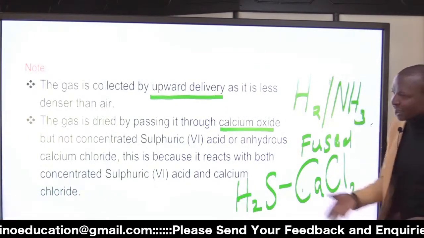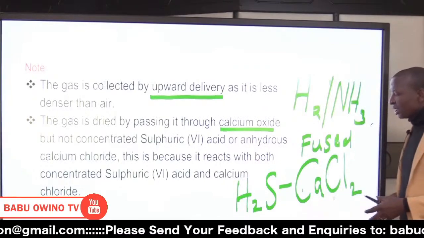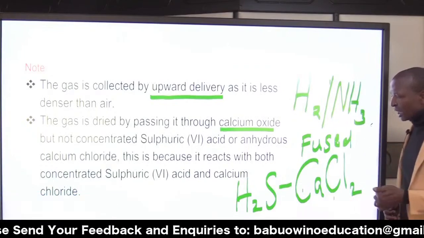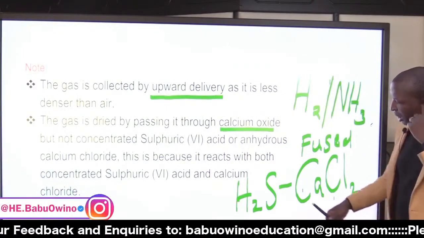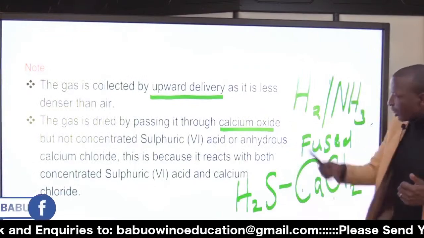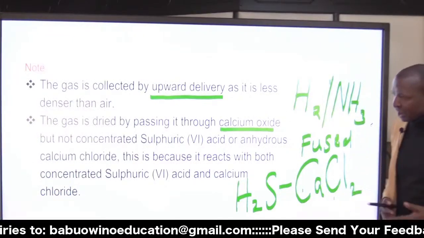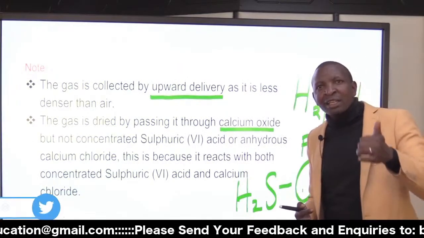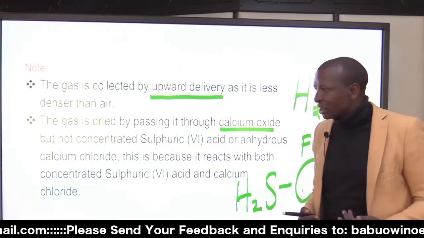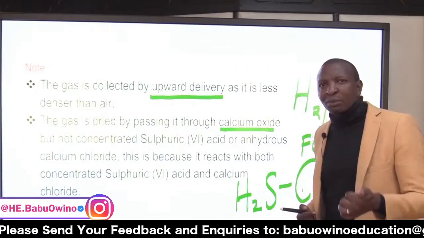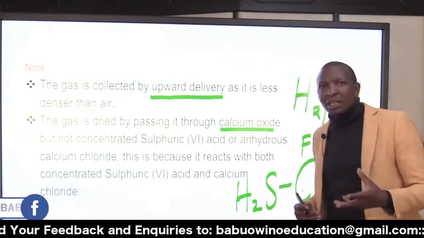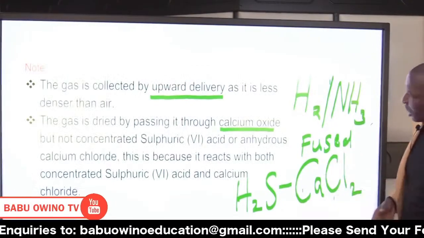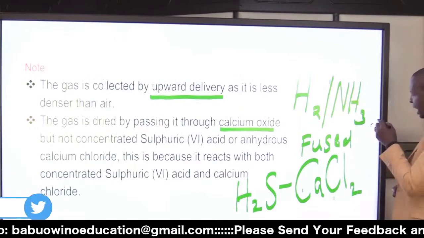So for the other 17 gases, you can simply use fused calcium chloride as long as it's not ammonia gas. So, concentrated sulfuric acid can dry all gases except ammonia and hydrogen sulfide. Fused calcium chloride can be used to dry all gases except ammonia. That is a line that you can use in order to revise.